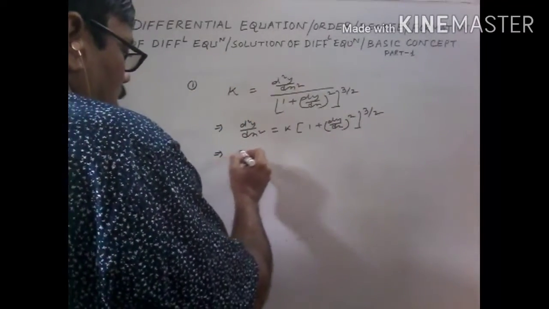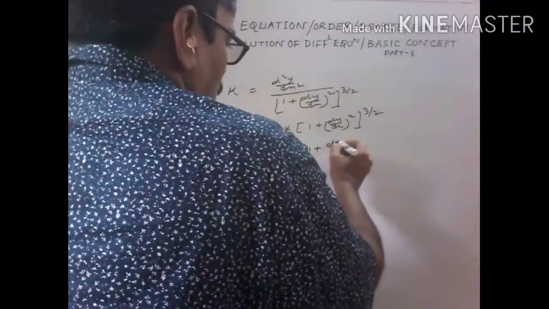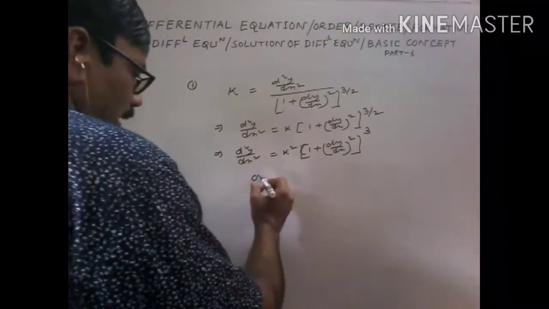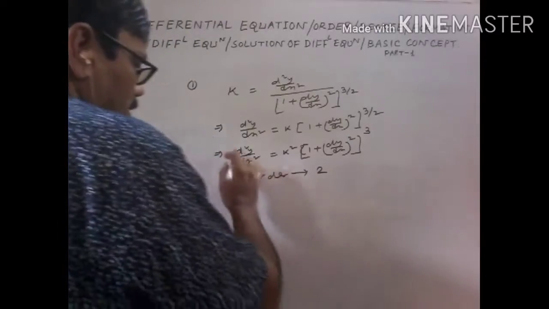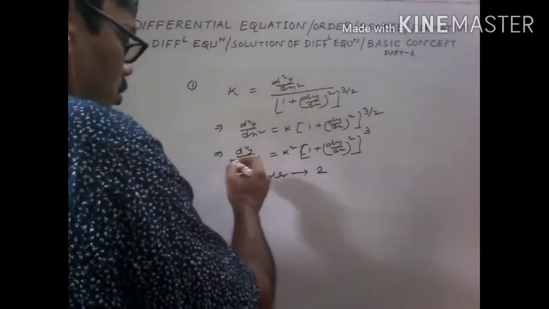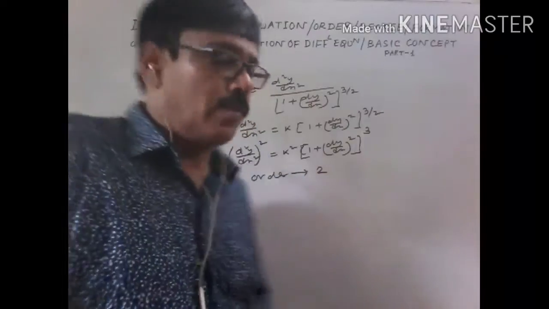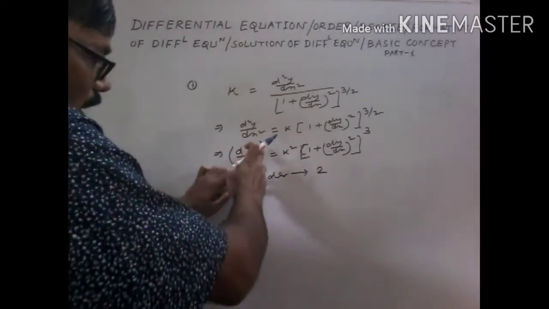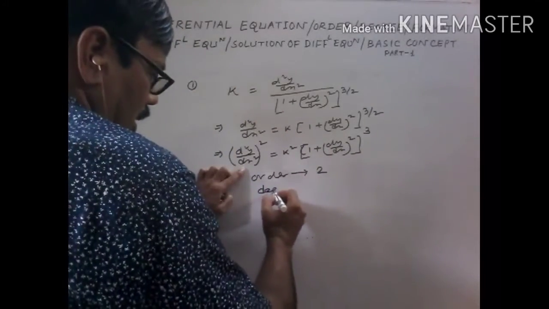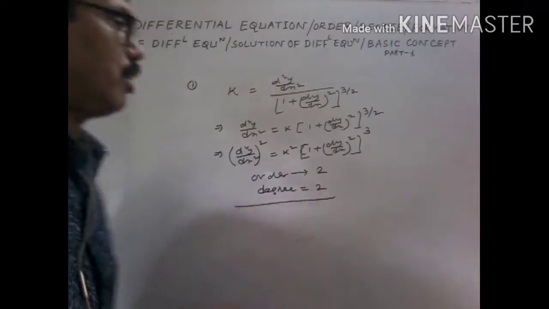So we remove it: take the square, so d2y dx2 whole square equals k square into 1 plus dy dx whole square, power is 3. So what is the maximum order of derivative? It is very simple, this one. And the degree is the power of the highest order derivative after removing radical parts. The highest order derivative occurs on the left hand side, so no need of expanding it. So the degree equals 2.